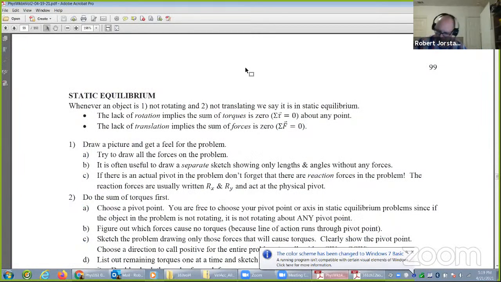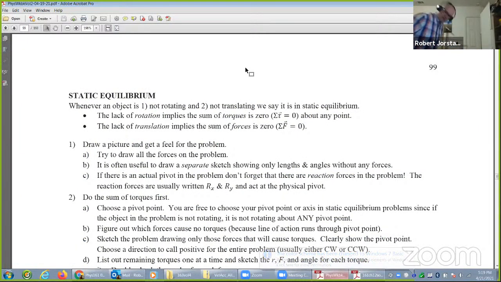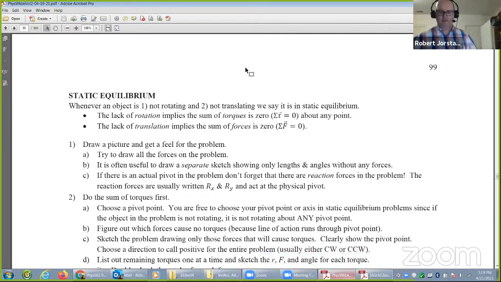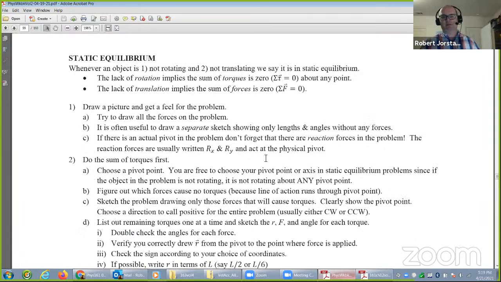Okay, so somewhere there. Now, we went over this last time a bit, but if you recall, we were going to try and talk about statics problems with circles in them. So remember, here's your checklist. The big things: make sure you draw lots of pictures.